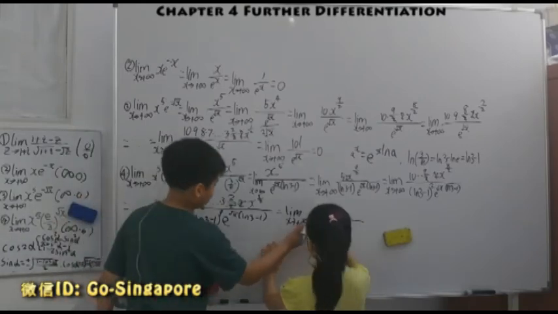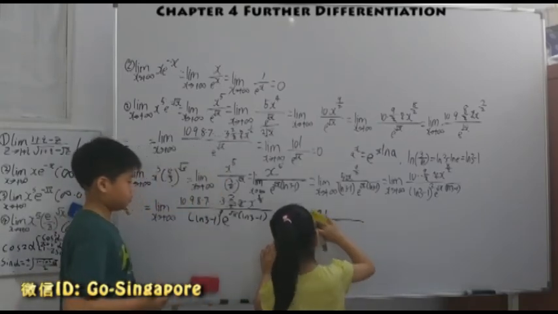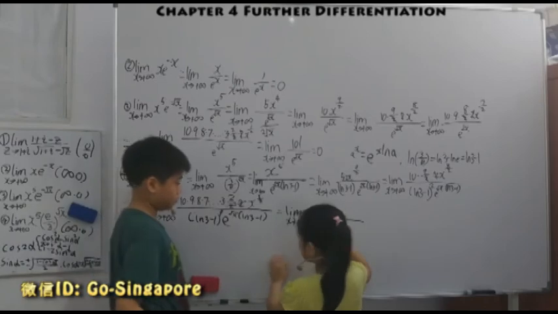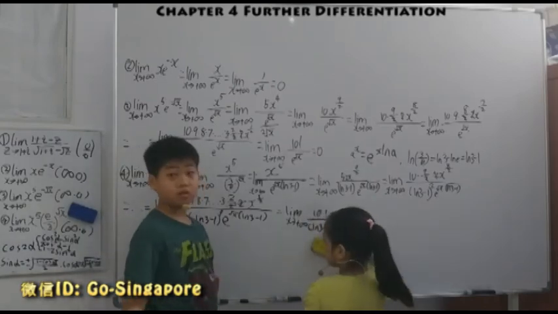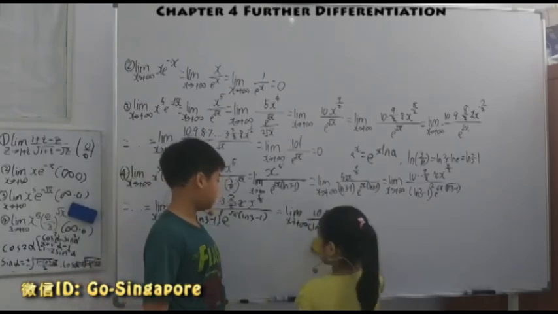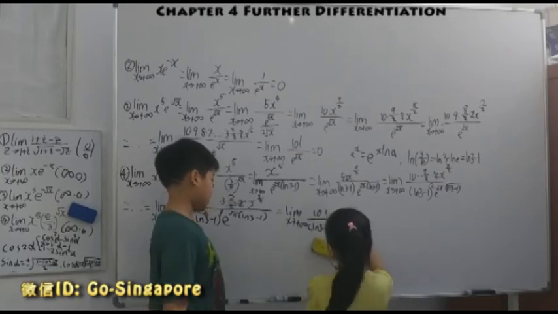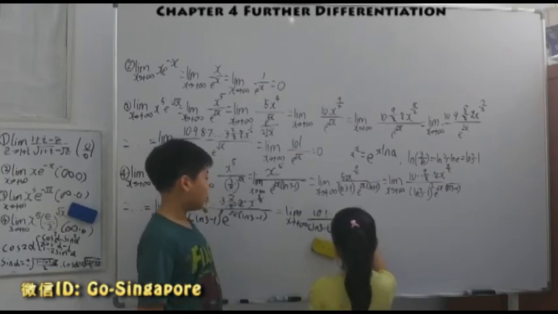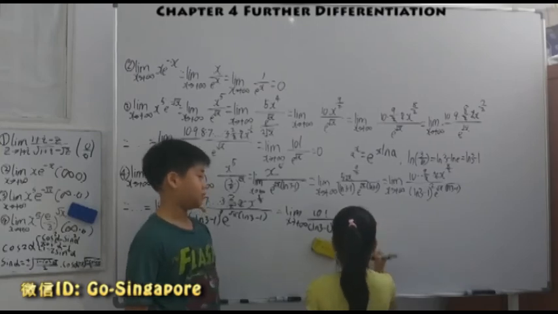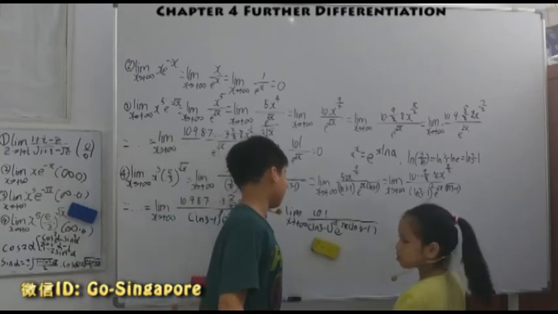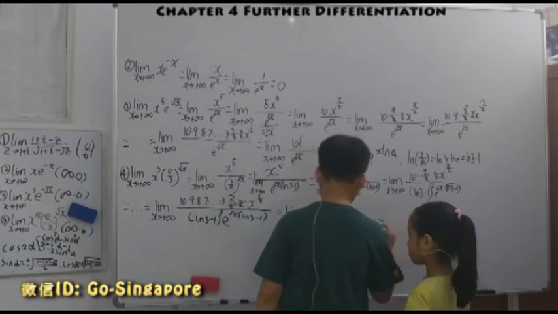Next time don't extend this way. Ln 3 minus 1 to the power of 10, e to the power of square root x, bracket, ln 3 minus 1, bracket. So what is this?